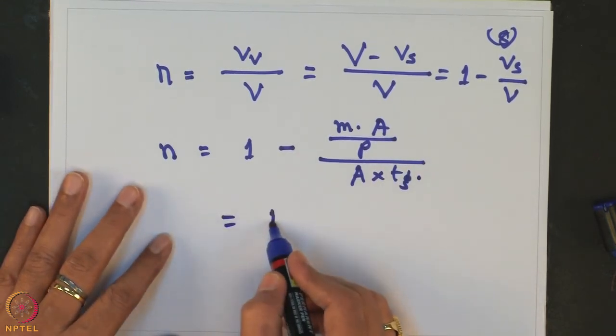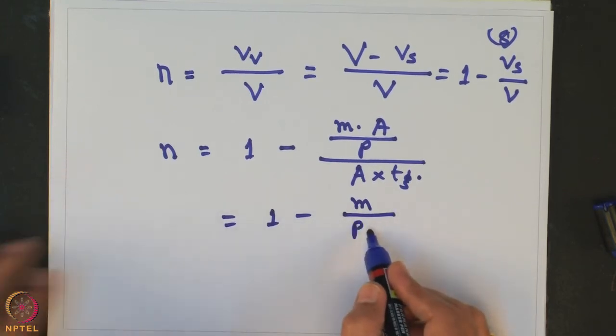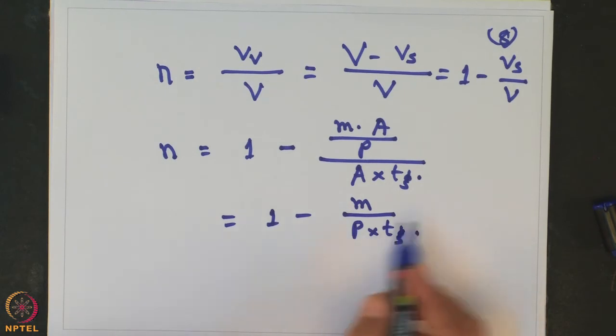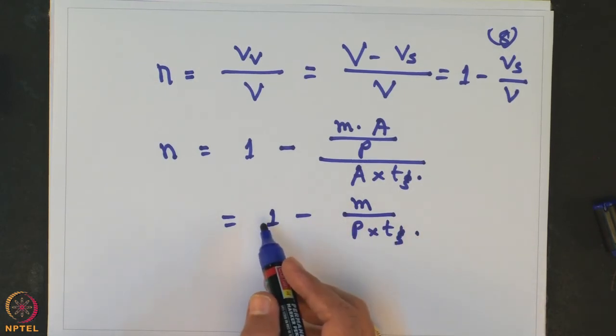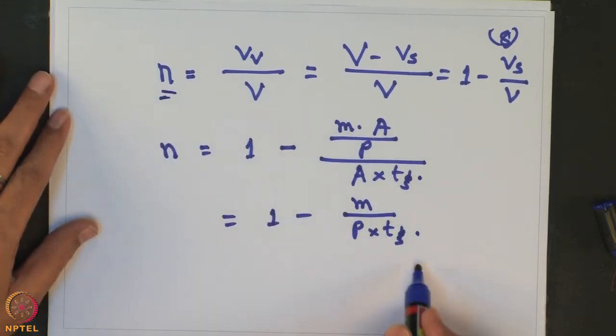That means you can write 1 minus M divided by rho into T of G. So, you can determine what should be the porosity of the geosynthetic material.